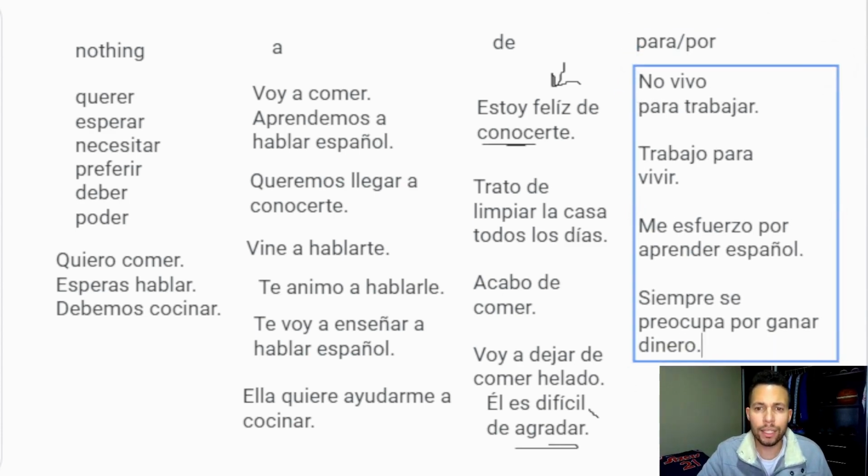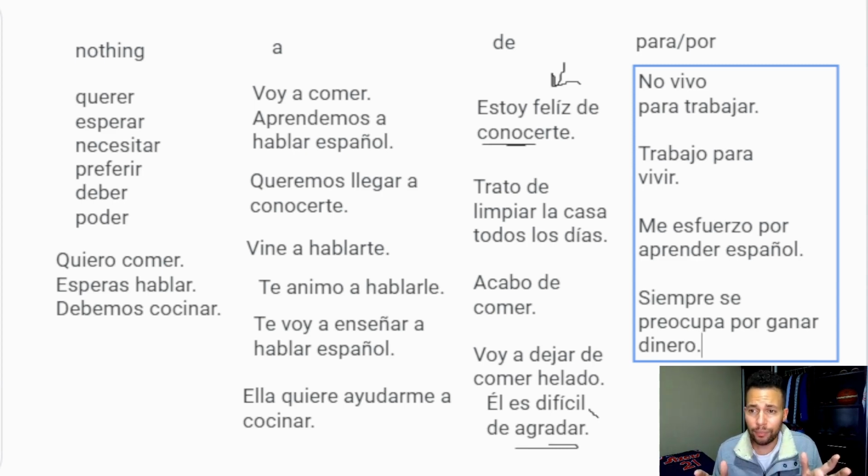Let's analyze these ideas here. No vivo para trabajar. I don't live to work. So the idea to think about here with the para, and we're attaching trabajar, an infinitive verb, to another verb, vivo. We'll just say straight off the bat here that these verbs are definitely, to me, more actiony in comparison to that first column, like vivir. I don't live to work, the first one.